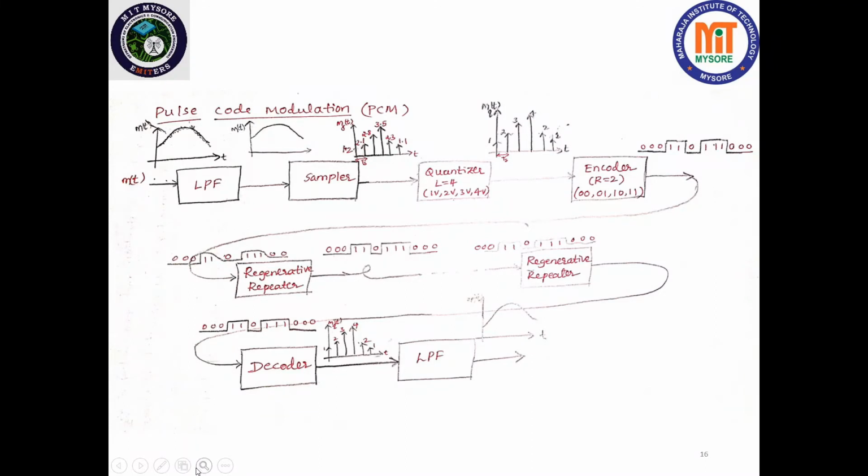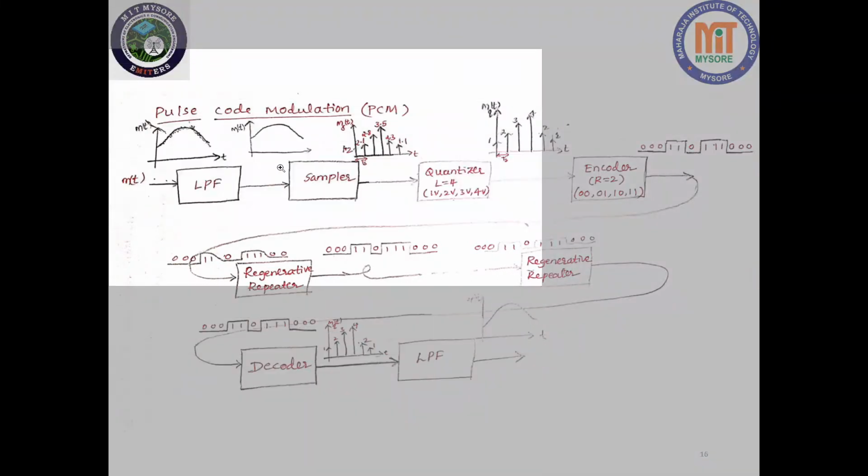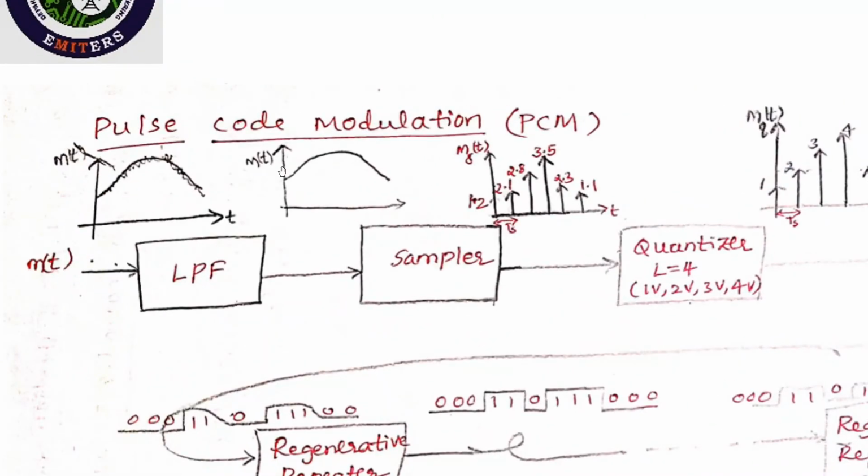So this is an example of pulse code modulation with illustrative waveforms. Here you can clearly observe that the message signal m of t from the source has some kind of high frequency noise. When it is passed through a low pass filter, or anti-aliasing filter, we get the signal with the desired bandwidth only.